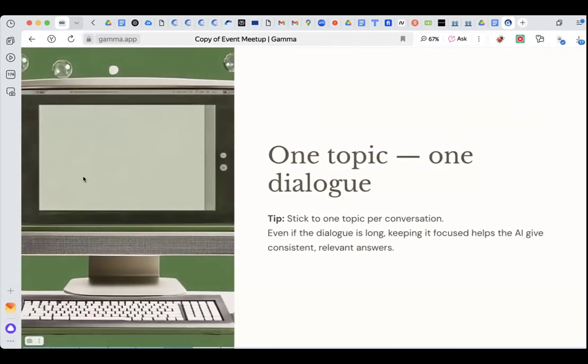One recommendation. If we are speaking about educational materials, it's better to keep one topic in one dialogue because of the context.